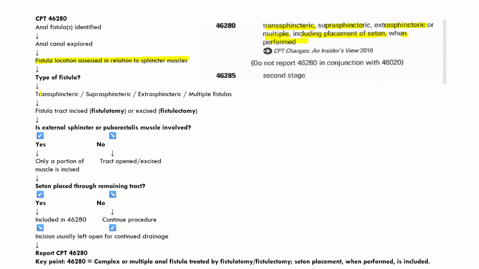You have to identify the type of fistula: transphincteric, suprasphincteric, extrasphincteric or multiple. In that case you can code CPT 46280.